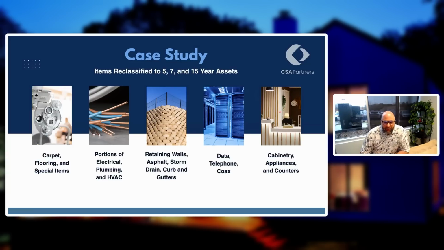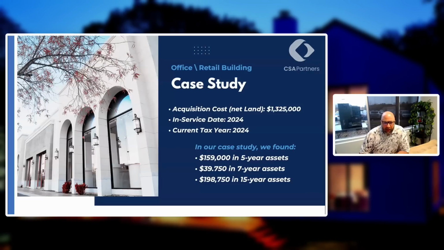We went in, we identified the different components of the building, and here's what we came up with. So in our case study, we found that $159,000 worth of 5-year assets were in the building. So again, these are things like carpet, countertops, etc. We found $39,000 worth of 7-year assets, $198,000 worth of 15-year assets.